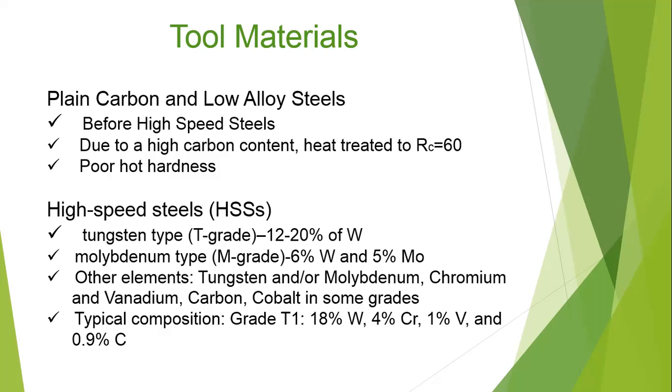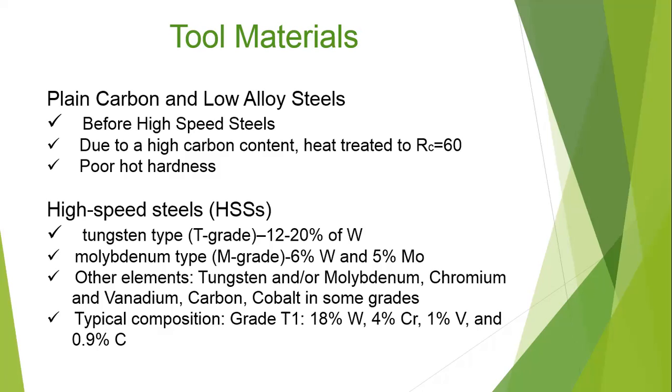Then high speed steel. High speed steel contains two types: tungsten type and molybdenum type. Tungsten type has 12% to 20% tungsten, and molybdenum type has 6% tungsten and 5% molybdenum.